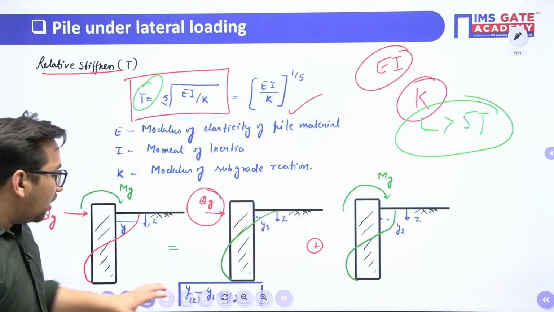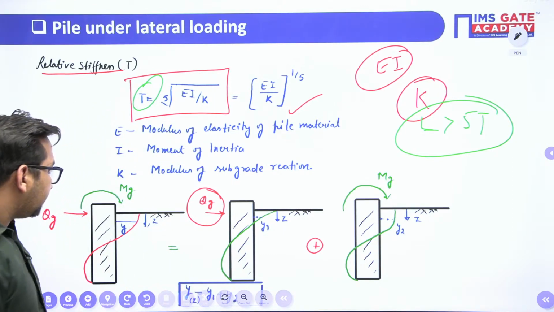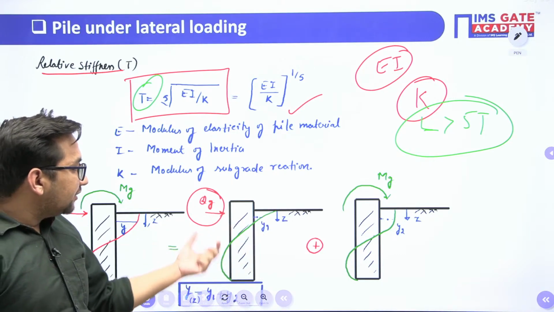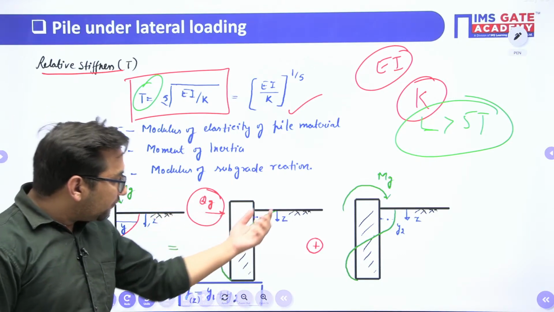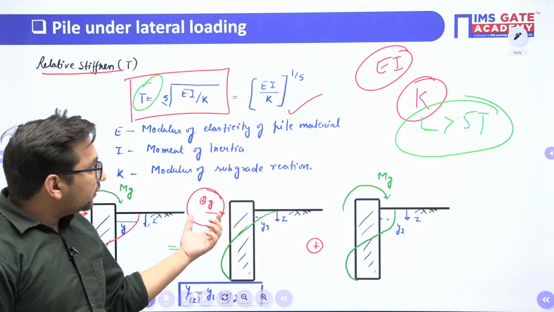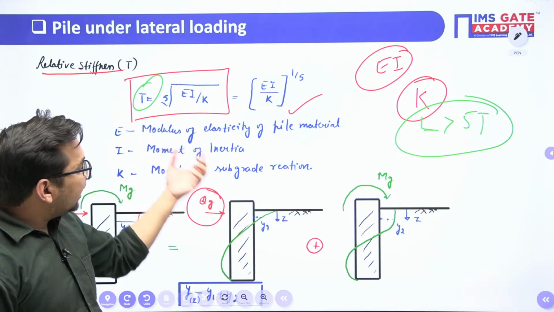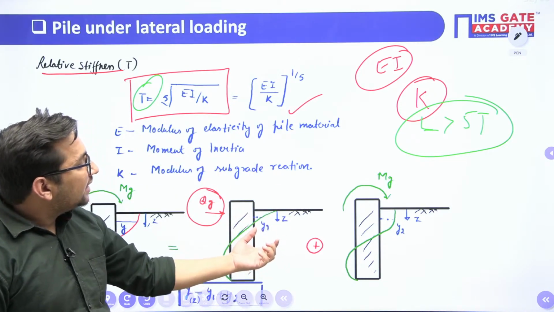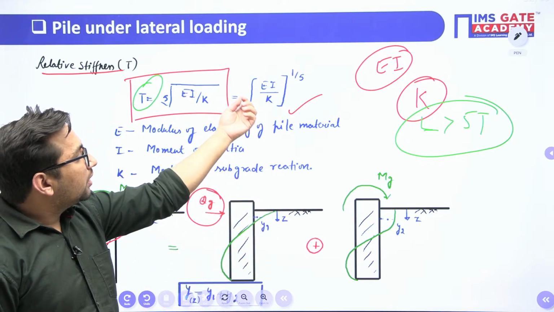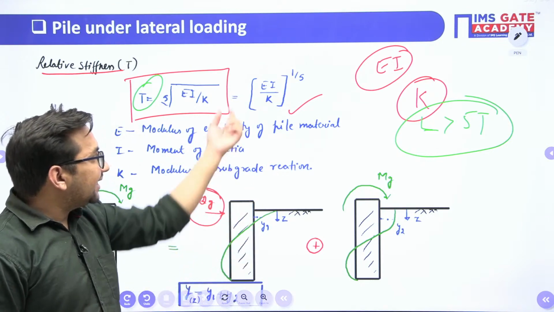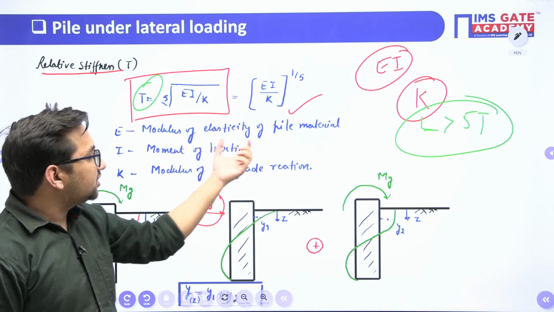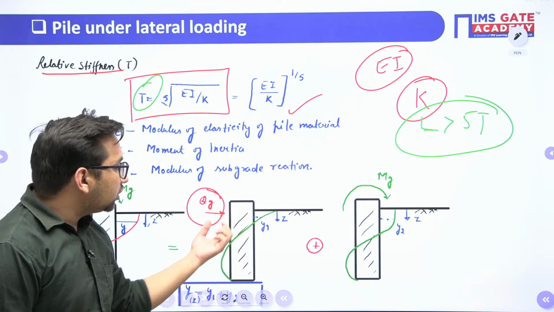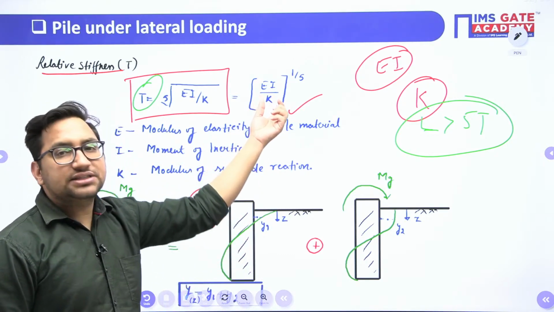Clear? Now how to get this y1 and y2 value? This deflection at this point is a function of your load, it is a function of depth, and it is also a function of this T value, that is the stiffness of soil, the soil property. It also depends on the pile material, the E value, which is nothing but the modulus of elasticity of the pile material, and on the geometry, that is the I value.